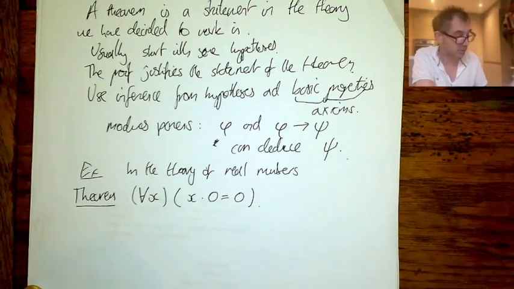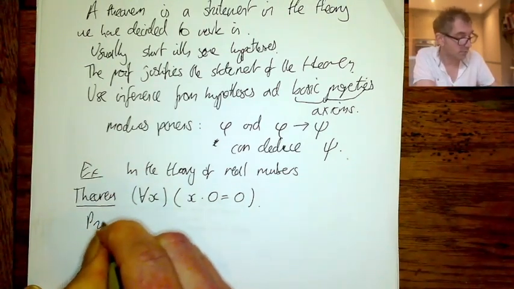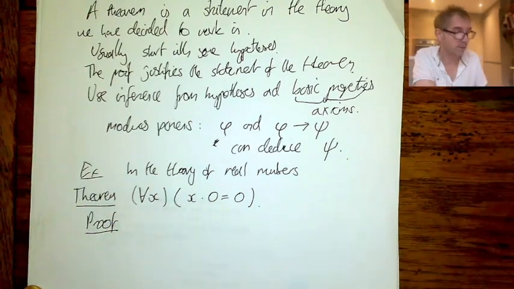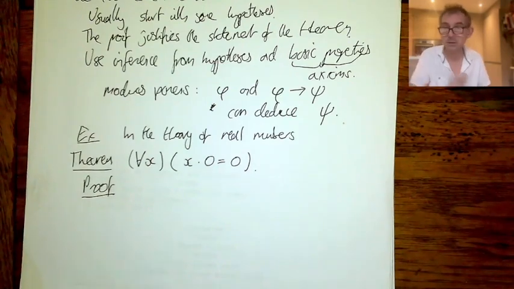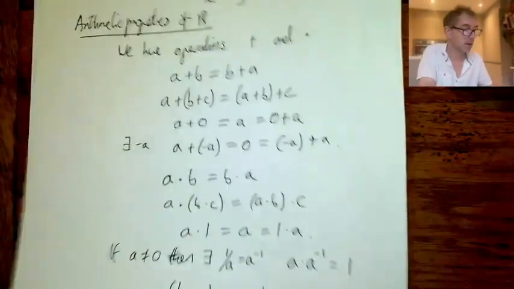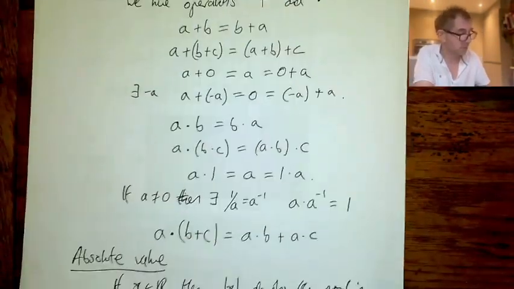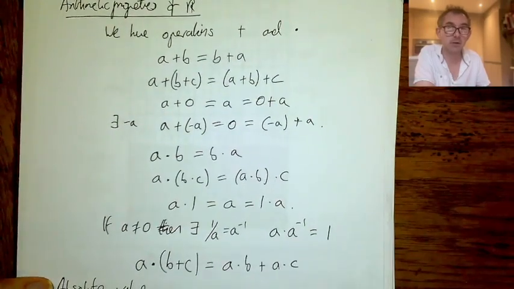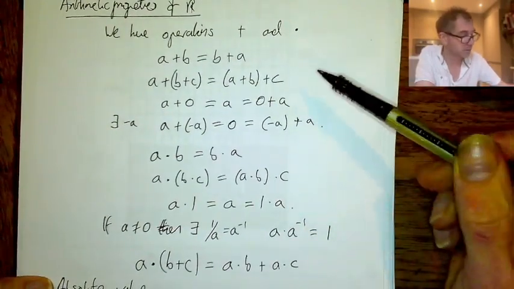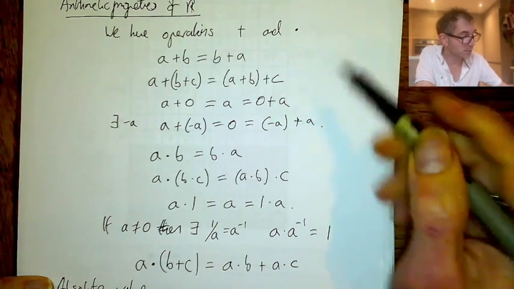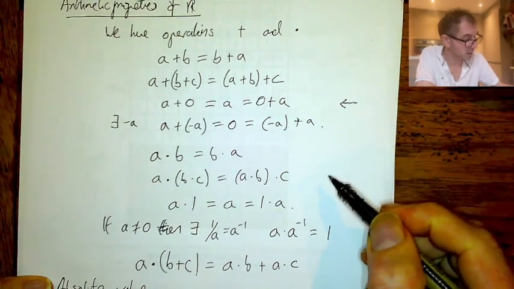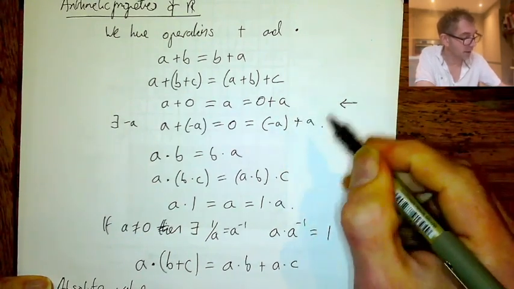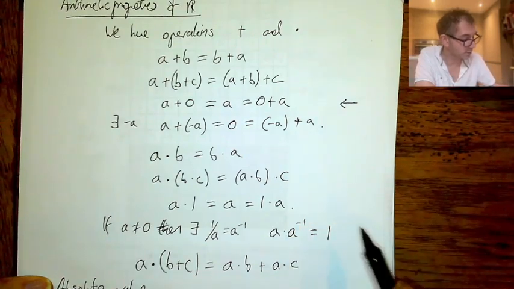And I'm going to go back to the basic properties that I gave in the last lecture to give you the proof. So let me put them back so that we can see them. This is what they were. I'm just going to use the arithmetic properties of R in order to prove this. And the ones I'm going to use are this one, the additive identity property of 0.